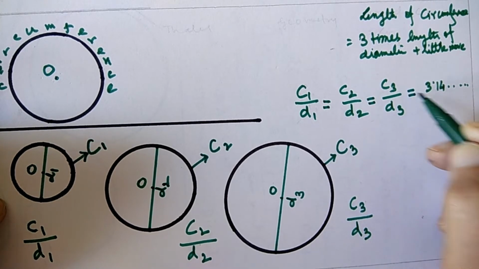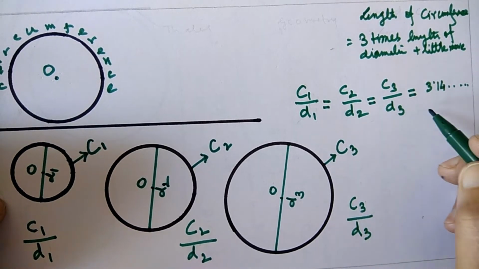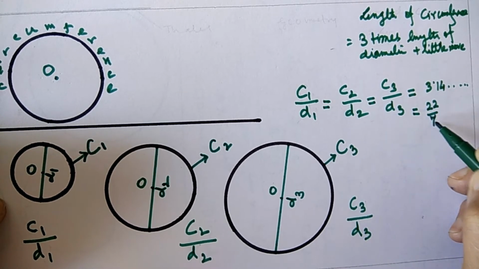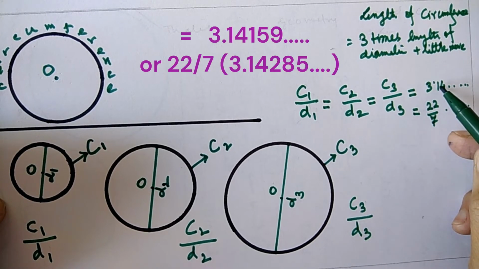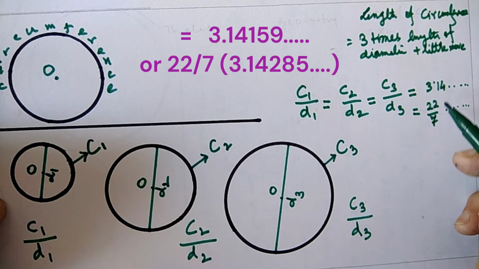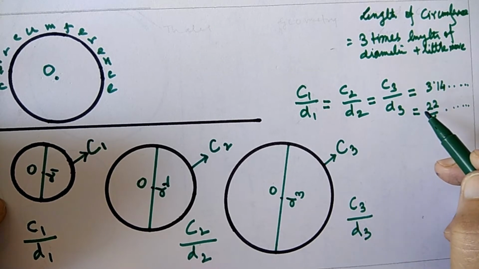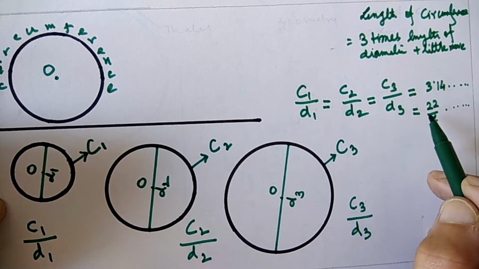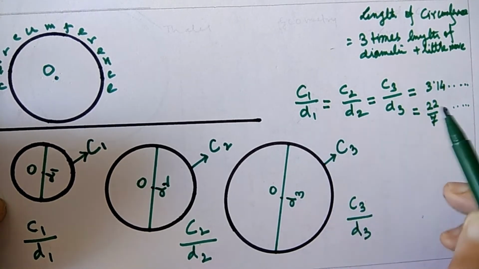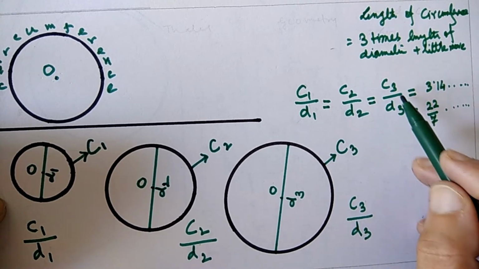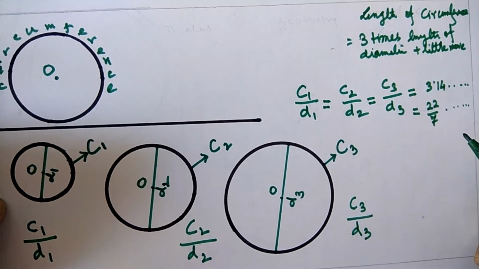is equal to 3.14. Now another form of 3.14 is 22 by 7. It is also a rational number. So friends, 3.14 and 22 by 7 are not exactly the same, but they are very close to each other, so we can put an equal sign. So they found that C1 by D1 is equal to 3.14, C2 by D2, C3 by D3, like that.